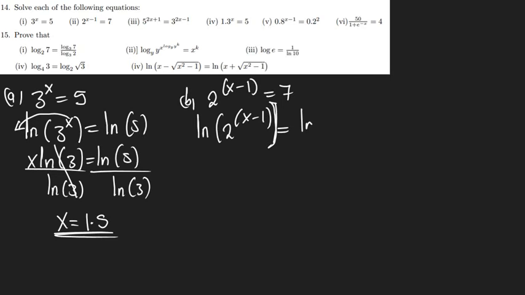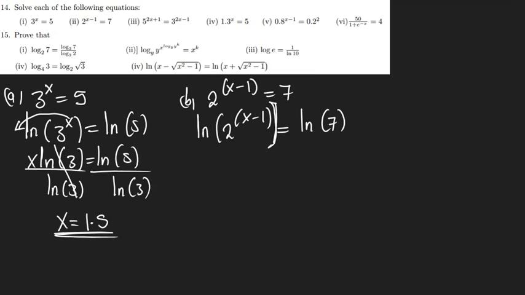We do the same thing to the second one. These are very simple, of course. So this is going to be 2 to the power x minus 1 equal to 7. I'm going to introduce the same concept, ln, then x minus 1, in brackets, equal to ln 7. From here, what can I do? How can I simplify that? Well, it's very simple, guys.